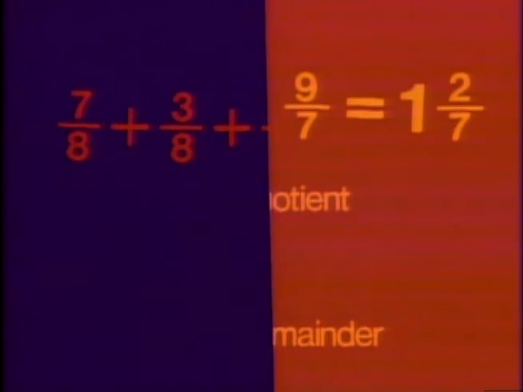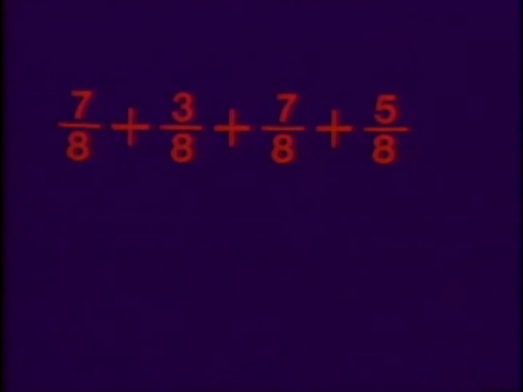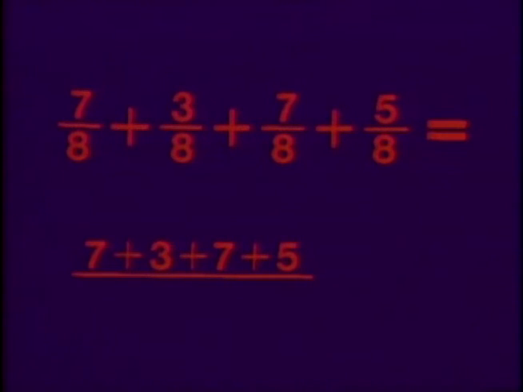The method also works for more than 2 addends, as shown. Here we're adding 7/8, 3/8, 7/8, and 5/8. We'll do it in 2 steps, adding and changing. When we add, the sum is an improper fraction: 7 plus 3 plus 7 plus 5 all over 8, or 22/8.